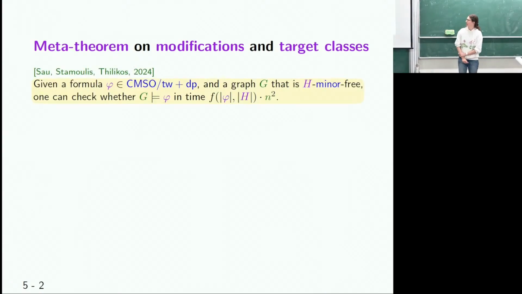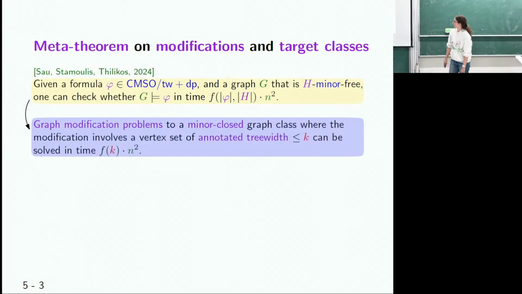So in particular, we have this result that I will not explain, but that says the following. Most graph modification problems where the target class is minor-closed and where the modification involves only a vertex set of bounded annotated treewidth can be solved in FPT time.